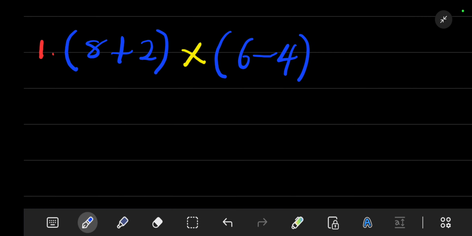We have parentheses, (8 plus 2) multiplied by (6 minus 4). We should solve all that is in the brackets.